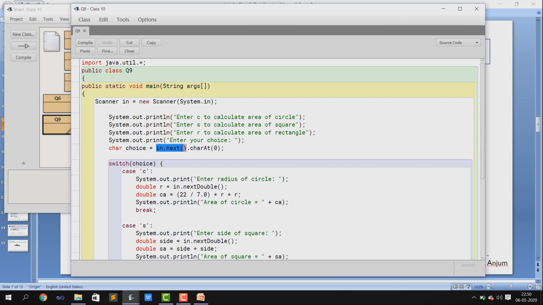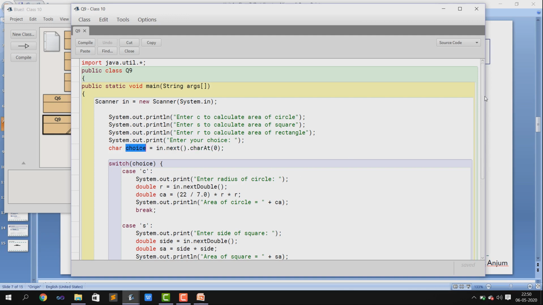In.next() is going to take the overall string, and by this .charAt(0) is going to take only the first letter. It means कि अगर आपने enter किया है area, then it is going to take out only the first letter, that is your A. Okay, getting my point? So this is used to basically take your input as a character, and you are going to store it in a variable named choice.